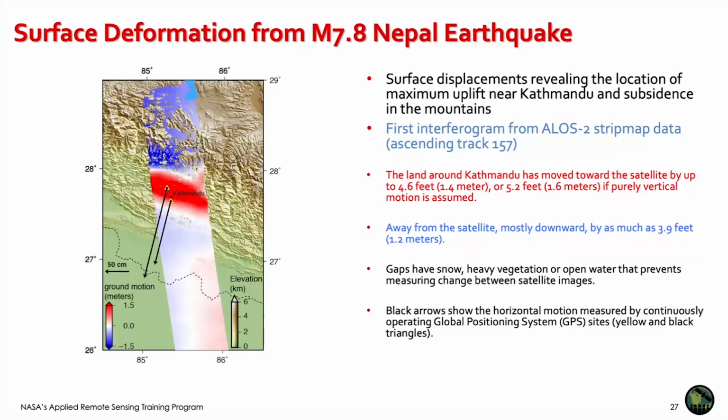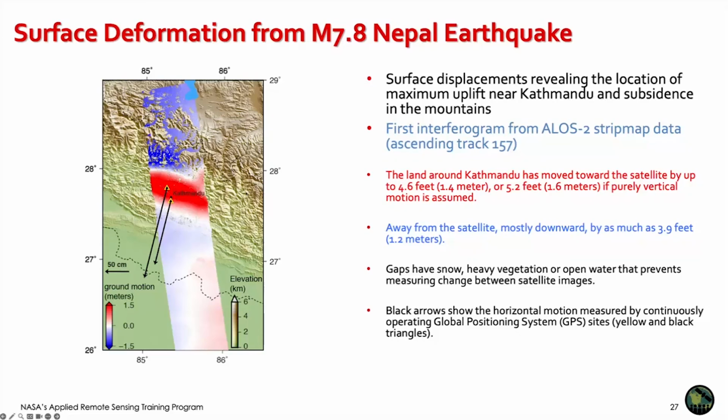It covered the central area where the earthquake damage was generally located, but it did not actually reach the epicenter to the west or the eastern end. It did cover the area of Kathmandu, the capital of Nepal, of course.